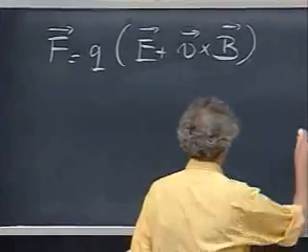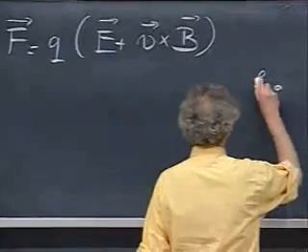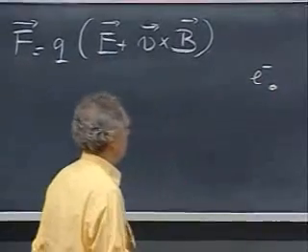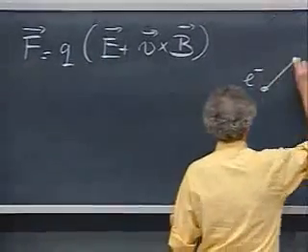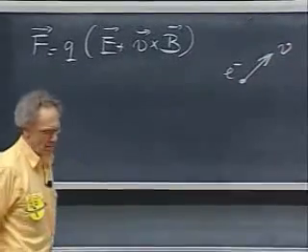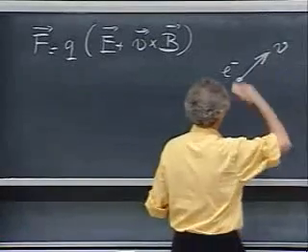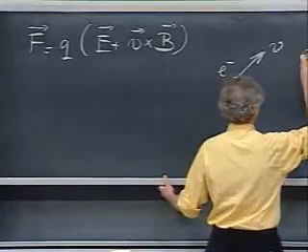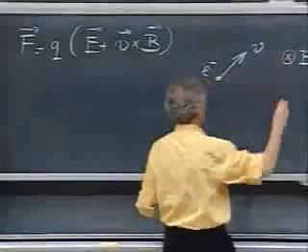Let's take a situation that I have an electron. I put a minus sign there to remind you that the charge is negative. And let this be the velocity of that electron. And let the magnetic field be uniform, perpendicular to the blackboard, going into the blackboard.